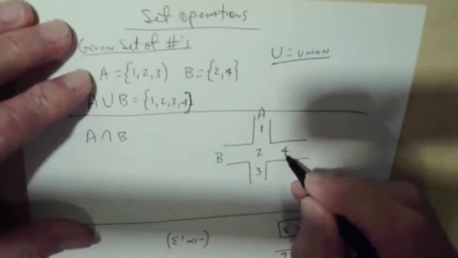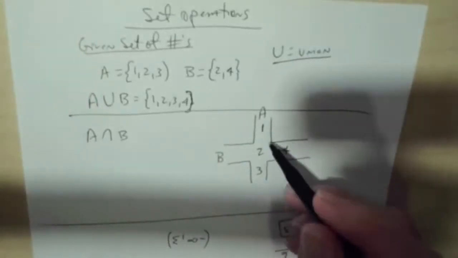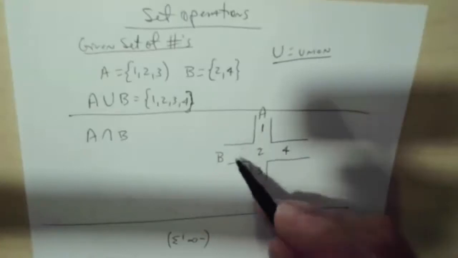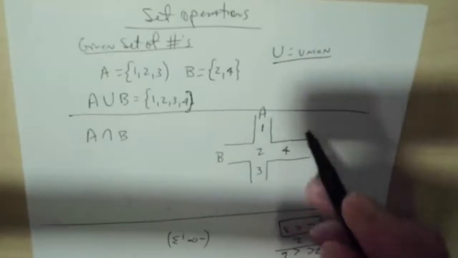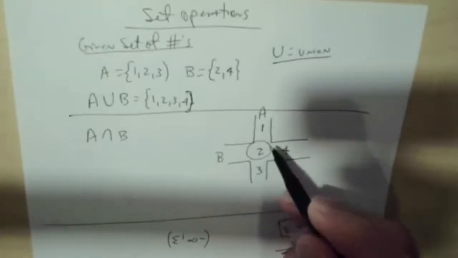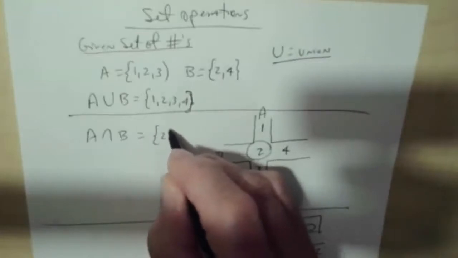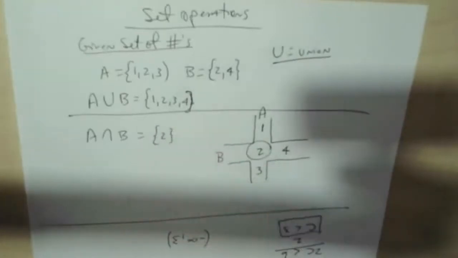What numbers are in the intersection? The intersection is just like the intersection out in the road while we're driving. What's in the intersection? 2. Right, right. I hope that makes a little more sense.